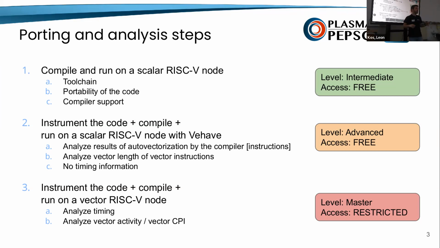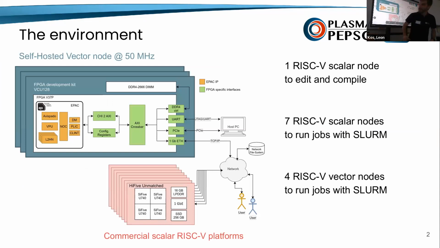Whenever you have a binary with vector instructions running on a scalar node, you will have illegal instructions. So we will use this VHAE emulator to emulate our vector instructions. The last step is to jump to the FPGA that we have, this platform here, in which we have some I/O interfaces and the RISC-V core plus the VPU implemented in the FPGA.